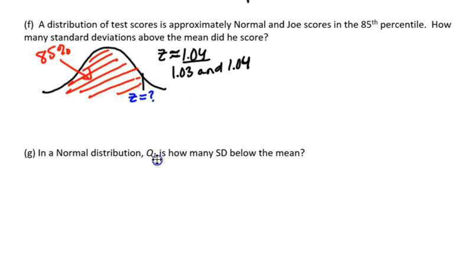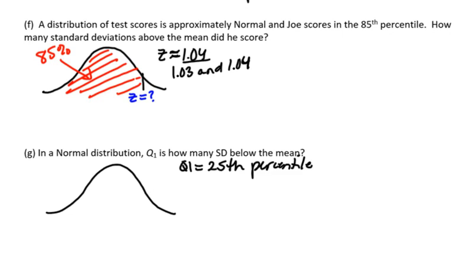In a normal distribution, Q1 is how many standard deviations below the mean? Okay, so if we're looking at a normal distribution, Q1, remember, is the 25th percentile. So if it's the 25th percentile, that means 25% of the data is below Q1.